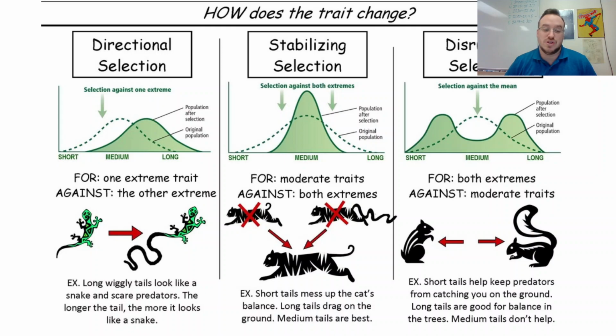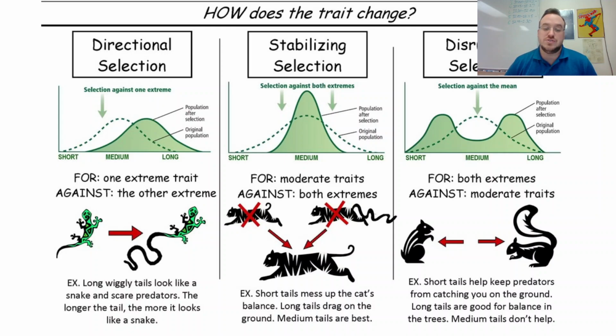So a lot of times those long tails can be detached and then regrown. But this selection pressure is pushing the new generations to have longer tails because those with shorter tails aren't scaring off predators as much. So they're getting eaten, which doesn't allow them to actually pass on the trait for shorter tails, while the longer tail is being passed down.